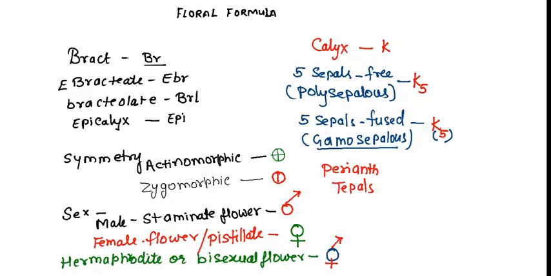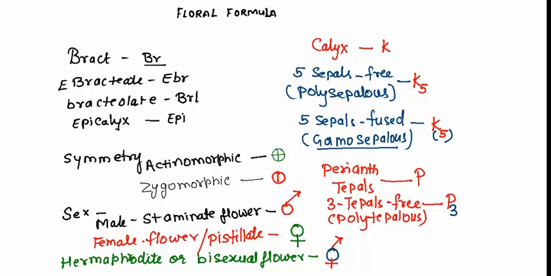For tepals or perianth, the sign is capital P. If there are 3 tepals and all the 3 tepals are free, then the condition is called polytepalous, and it is represented as capital P and 3 at the base, where P represents the tepals and 3 represents the number of tepals which are free.